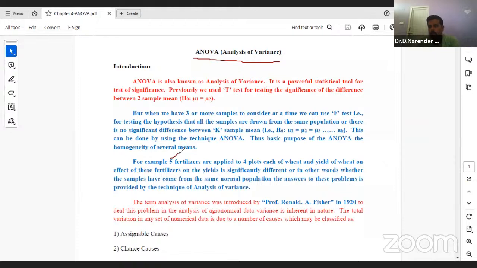Here I have used one small example: five fertilizers used on four plots, each with a yield of wheat. When the fertilizers are used, we see whether the crop of wheat has increased or not. To get the answer to such problems, the technique of analysis of variance will be applied.